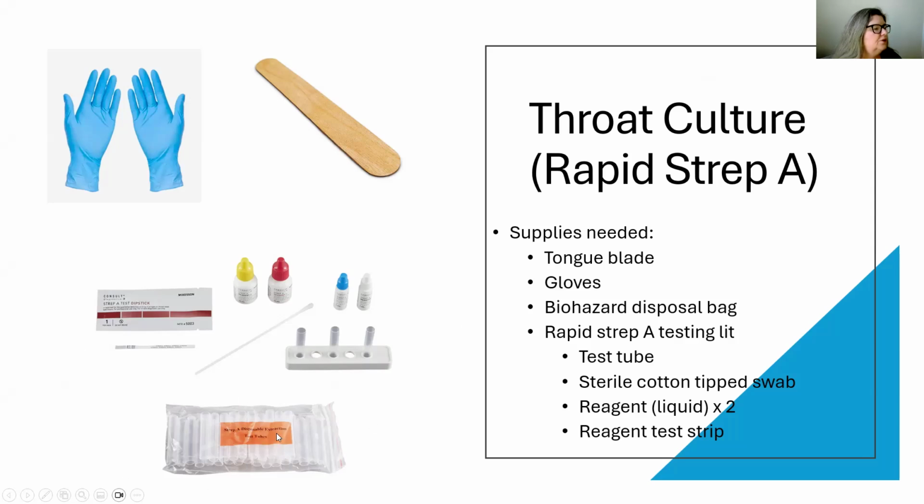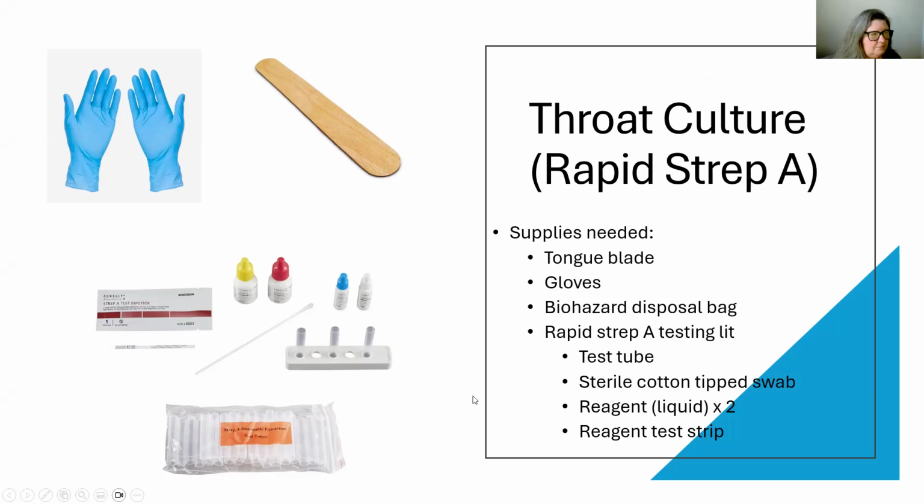So that includes these little test tubes here, which have a nice little stand in the kit. A sterile cotton swab, a reagent liquid, two of them, the yellow top and the red top. These are controls, which I can explain to you in a minute. And then a testing strip, which comes individually wrapped like this, and that is your strip, okay?